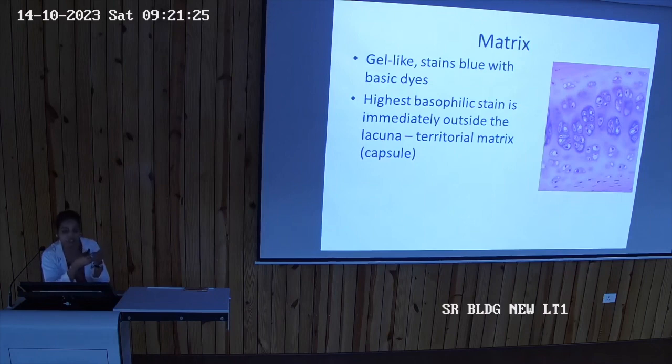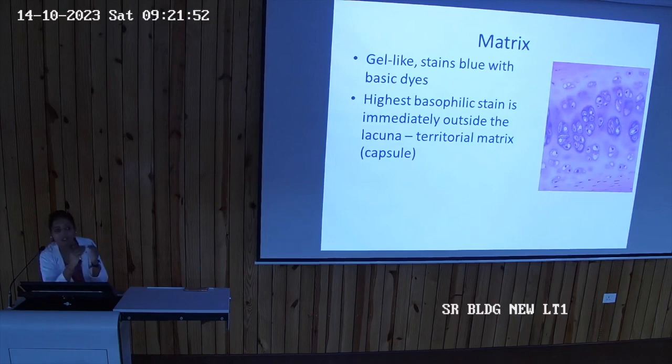Yes? So just outside the lacunae where there is a darker zone, that is territorial matrix. Just outside the cell nest, the ground substance appears darker and basophilic, so that is the territorial matrix of that particular cell nest. In between the cell nests is interterritorial matrix. In between the territorial matrix, what is there?